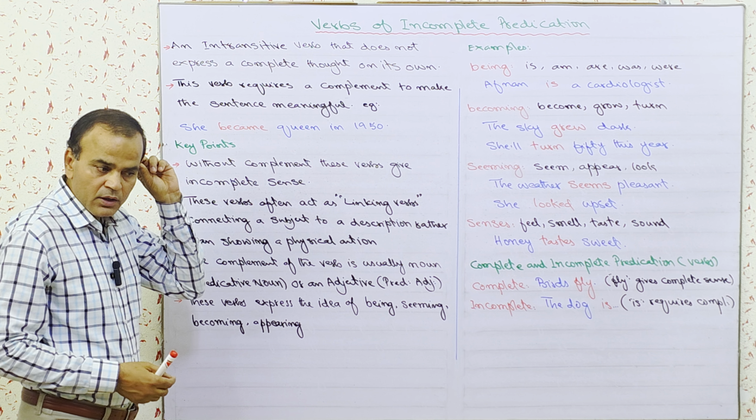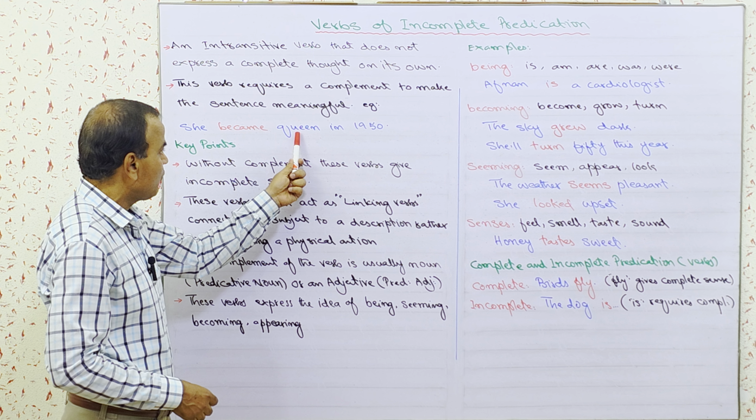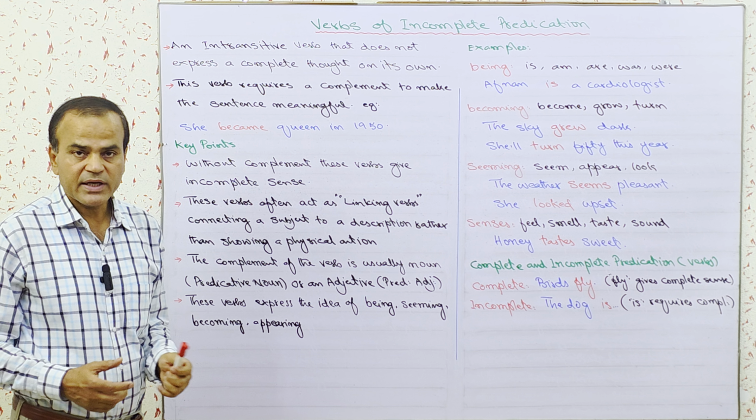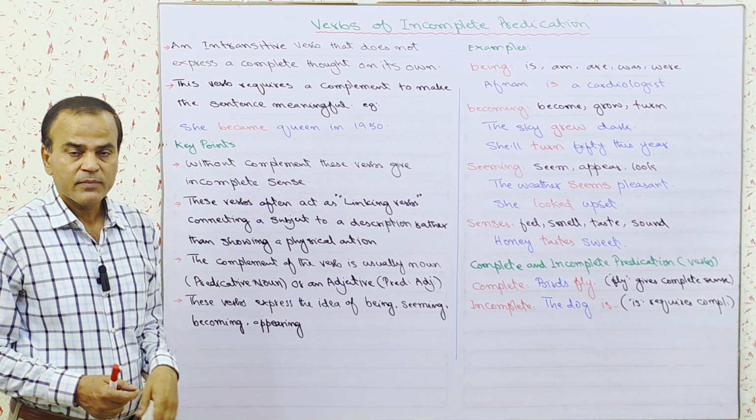There are some points to note to properly understand the verbs of incomplete predication. Like without complement, these verbs give incomplete sense. If I remove the complement queen, then she became, it will give incomplete meaning.